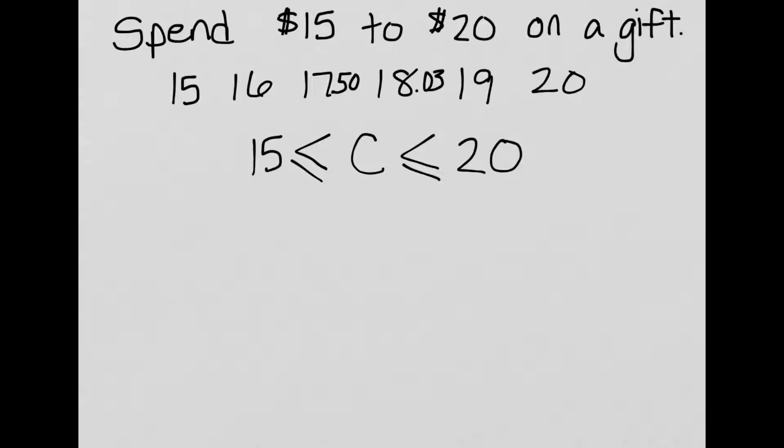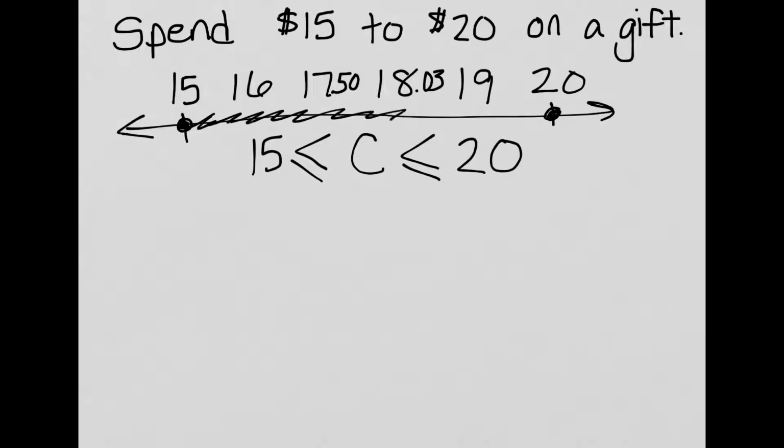And if we were going to graph that, on our number line, we'd have a 15, we'd have a 20, and we could spend anything in between there. It has to be greater than or equal to 15, and less than or equal to 20 at the same time. Because if you spent $0 on the gift, that would not be acceptable. If you spent $50 on the gift, that would not be acceptable. Anything between $15 and $20.